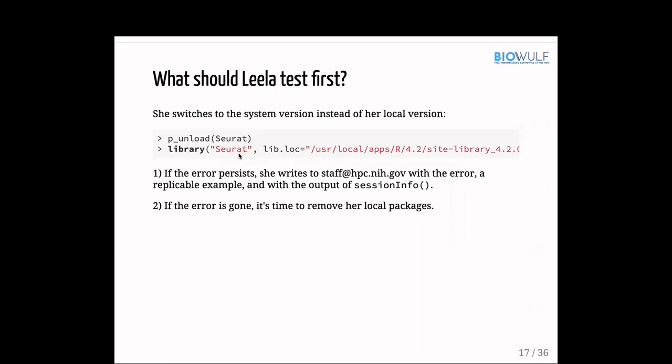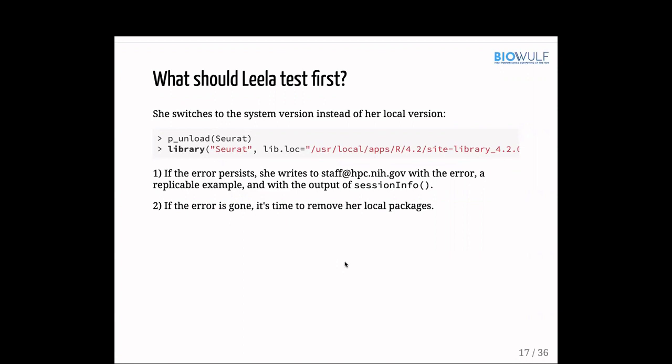In this case, some of the packages were installed and maintained by HPC staff because we compiled the source code differently. For example, the Seurat installed in the system can run much faster than the local version.